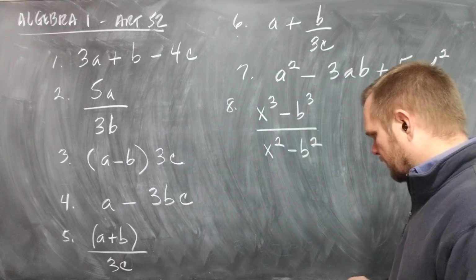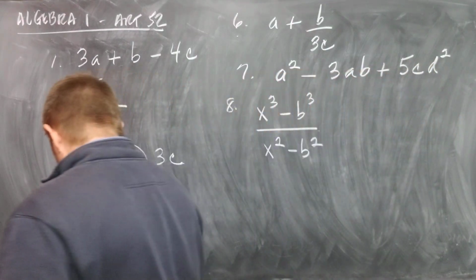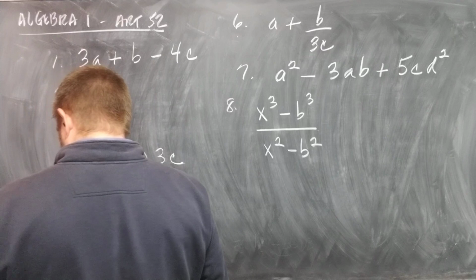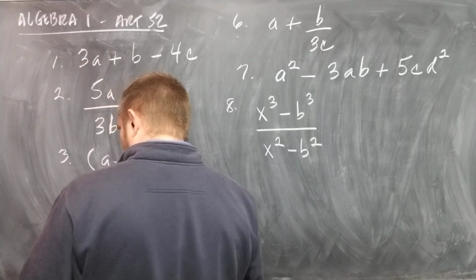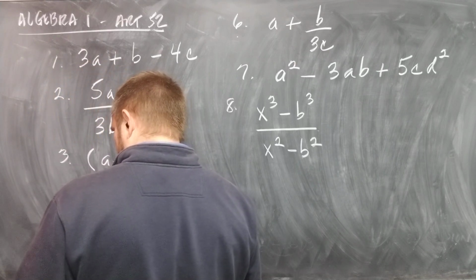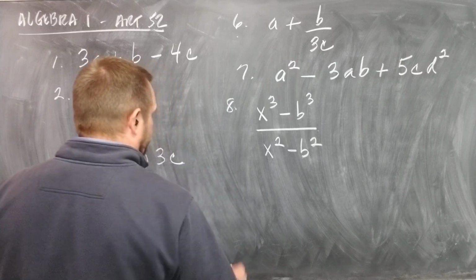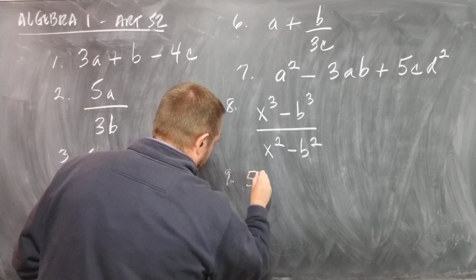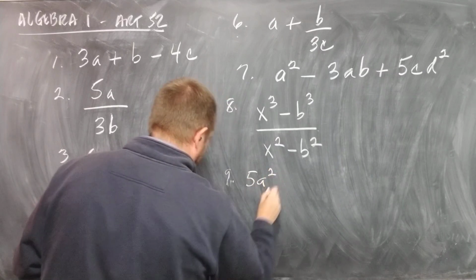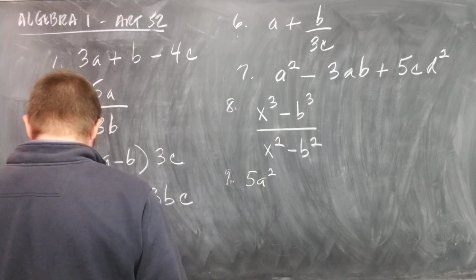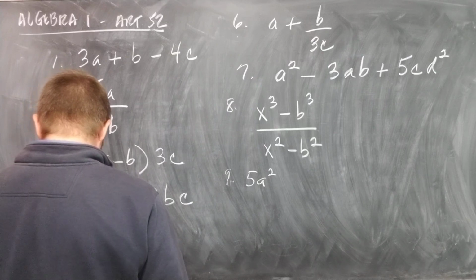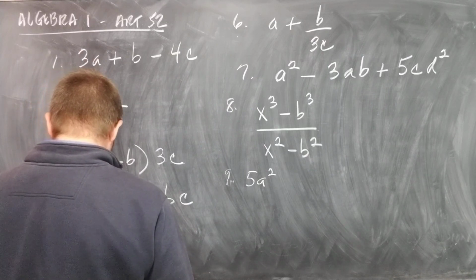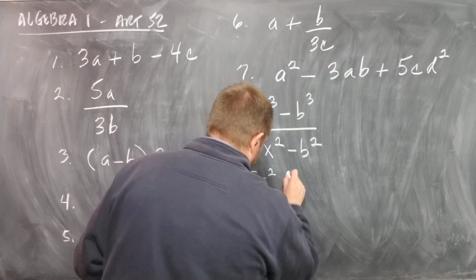Okay? Number 9. 5a squared, into or multiplied by a plus b.